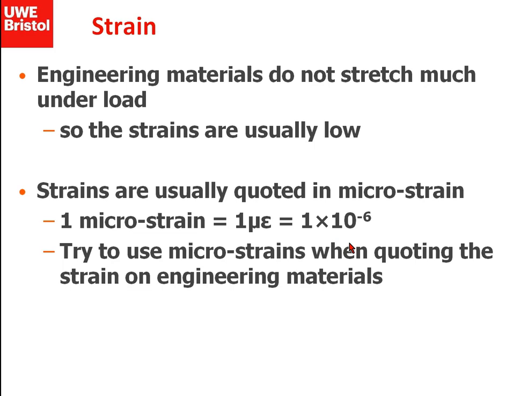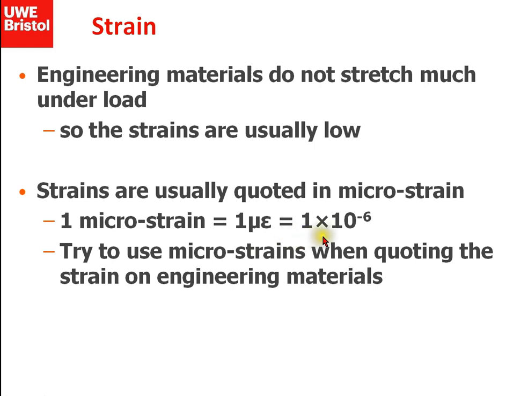Because 10 to the minus 6 is so typical for an engineering structure, we're often going to get rid of this and use the symbol micro strain. Micro strain will either be represented as mu epsilon, and other authors might just drop that down to a mu.